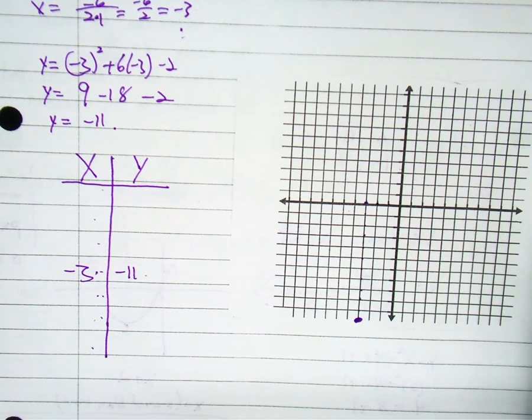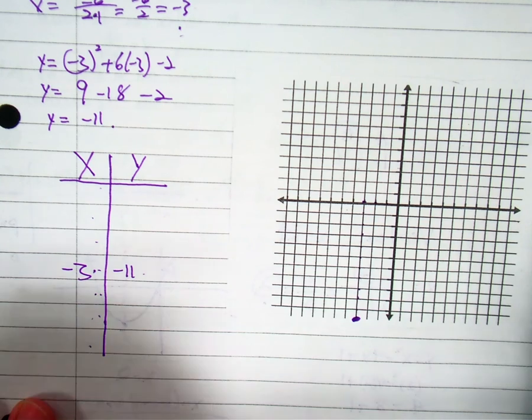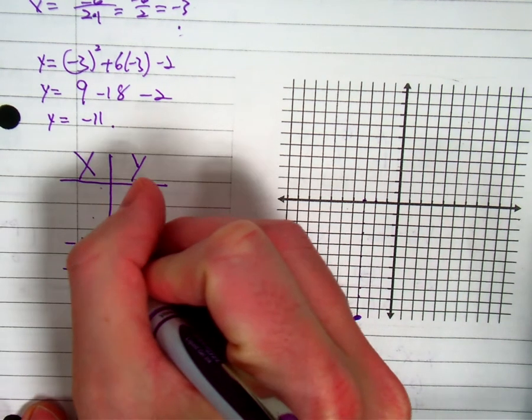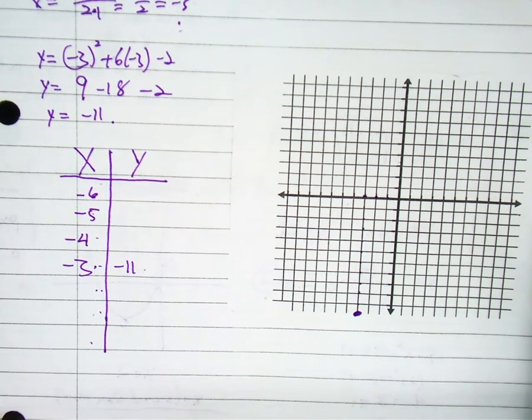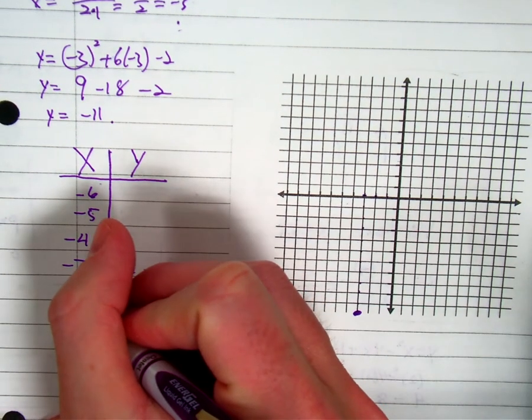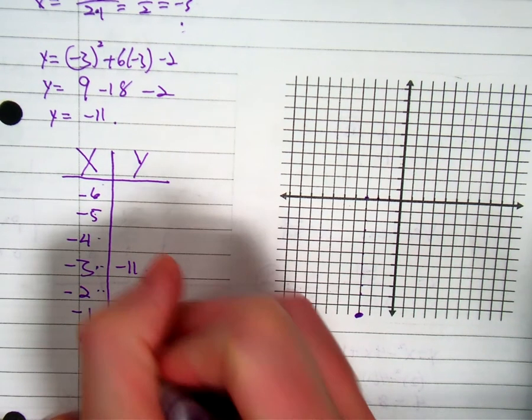Now we want to build a table around -3, -11. So we're going to fill in with -4, -5, -6, -2, -1, 0.